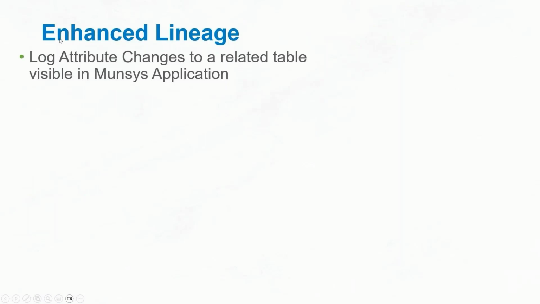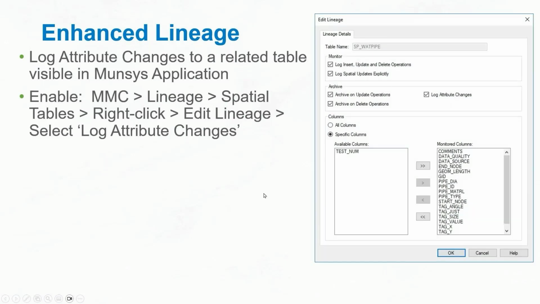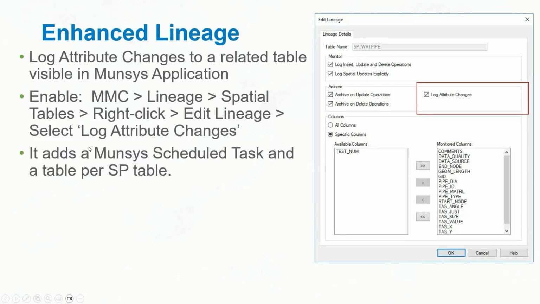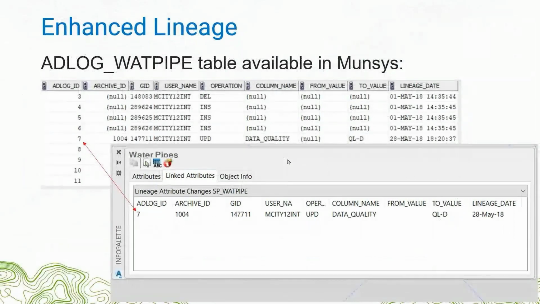So the important one there is the log attribute changes to a related table. Log attribute changes, so that would then enable that. So it adds a Munsys scheduled task and a table per SP table, so it will create those tables for you. And what that then does, whenever you run that, it will go and look at those changes.